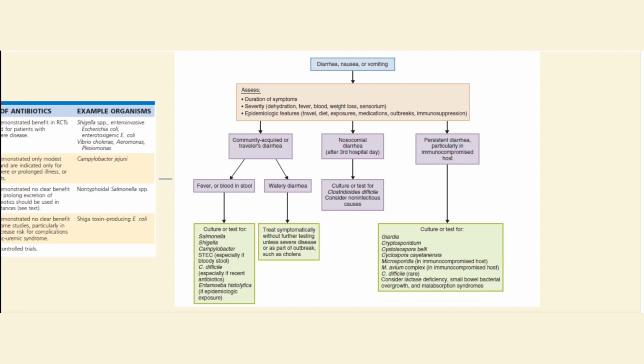And if the patient has fever or blood in his stool, which is no longer just watery diarrhea, it's more of a dysentery syndrome, we should culture the stool and check for Clostridium difficile in the stool.